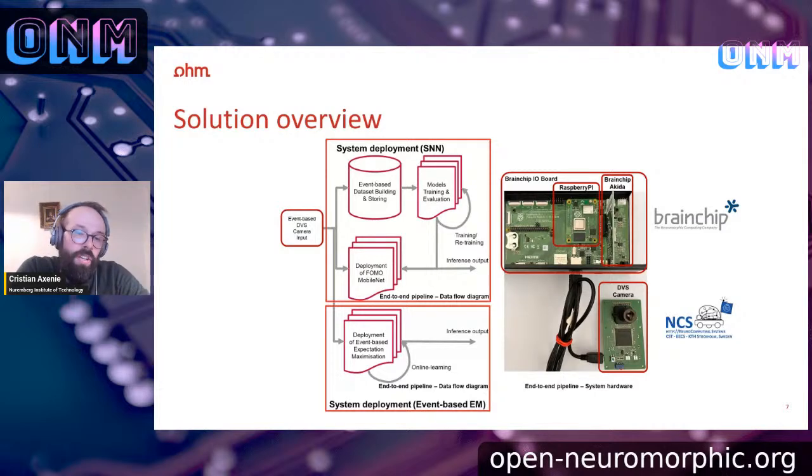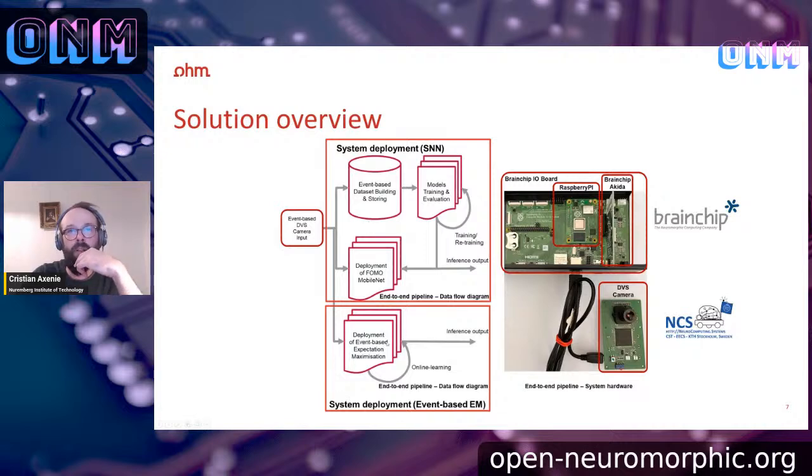But the hybrid solution, so to say, got data from the sensing part, which is a DVS, an event-based camera, and sent the events into two separate parallel pipelines. One was designed for detection. Basically, we had a spiking neural network used to detect pedestrians in the scene based on event data.